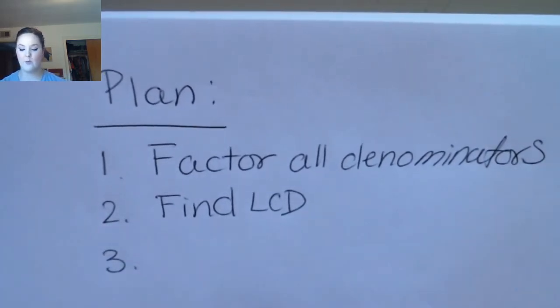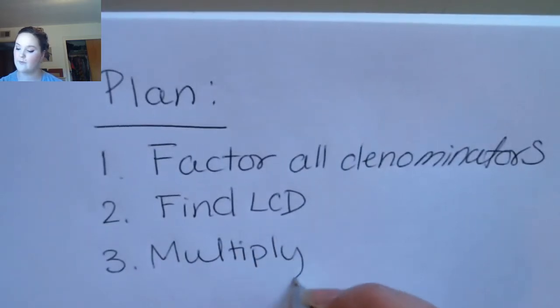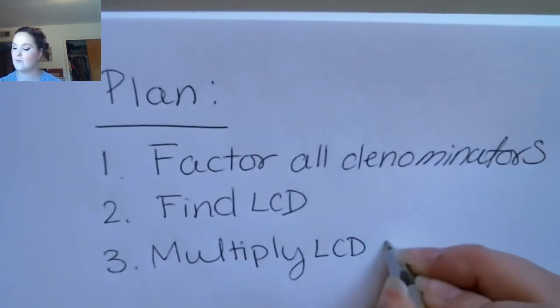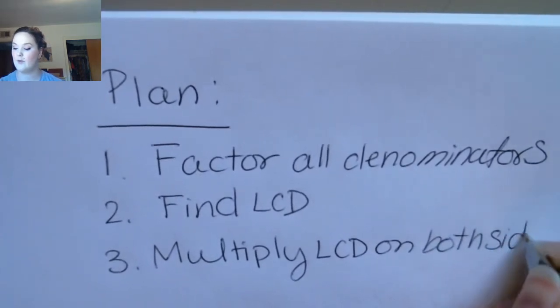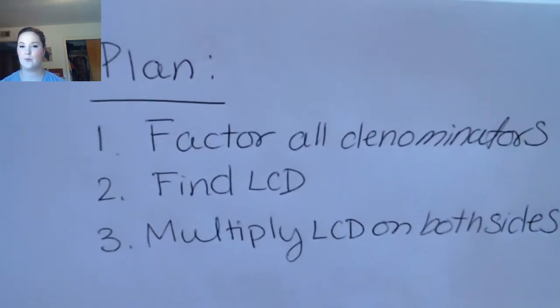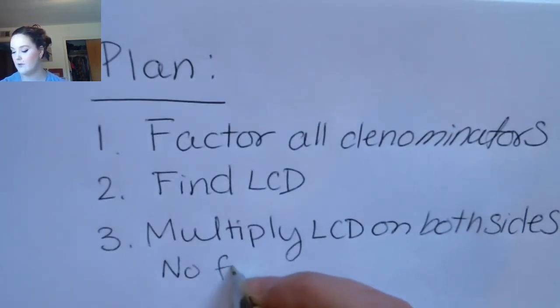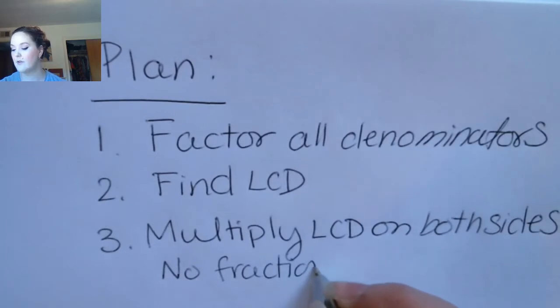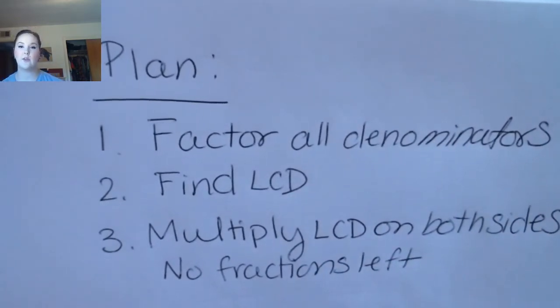Okay, now we're going to multiply the LCD on both sides. Okay, and at this point you should have no more denominators left. Okay, so this method actually clears away the denominators, and that's what allows you to solve.